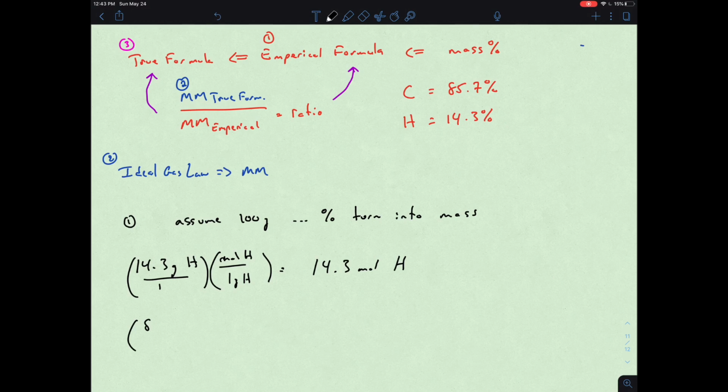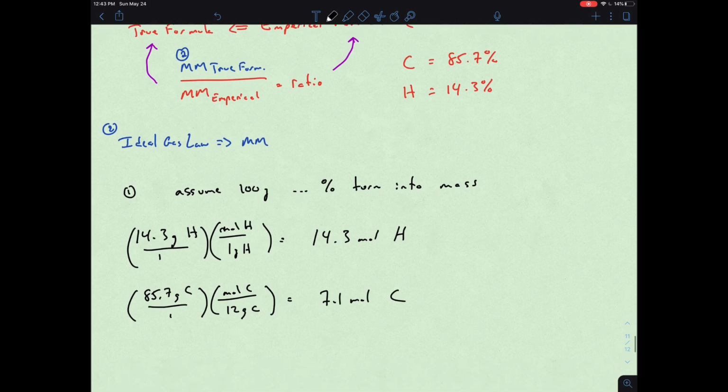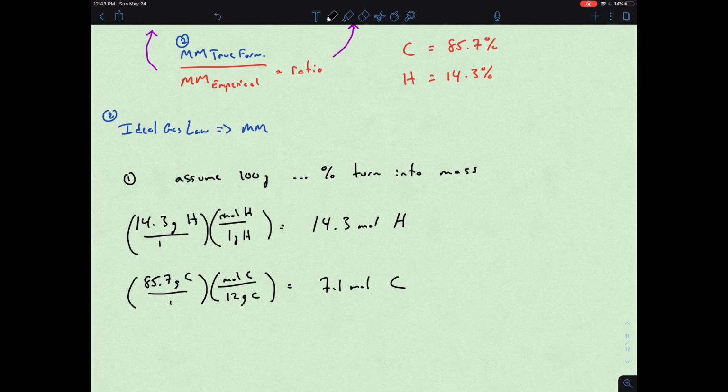And if we take our 85.7 grams of the carbon and divide by its molar mass, we get roughly 7.1 moles of our carbon. So we would say that's C 7.1, H 14.3.